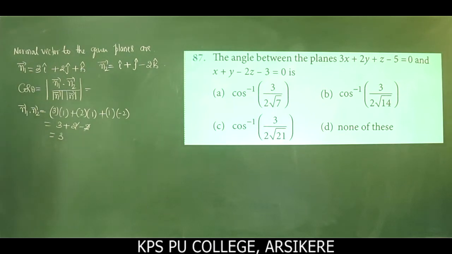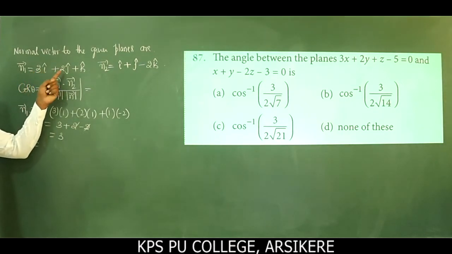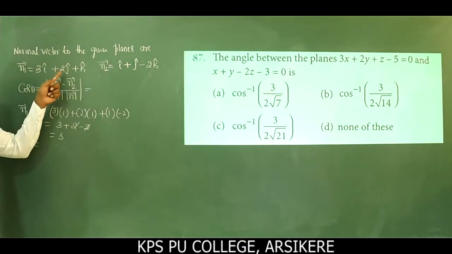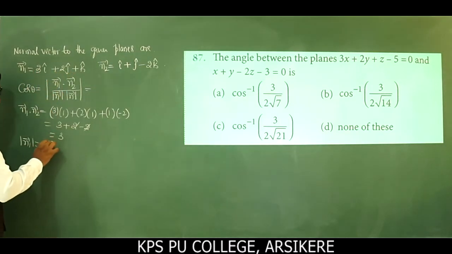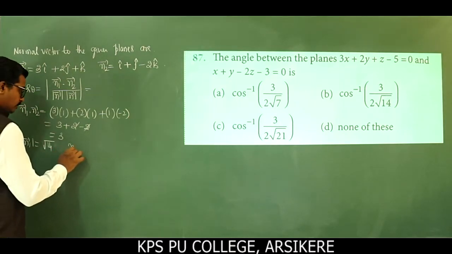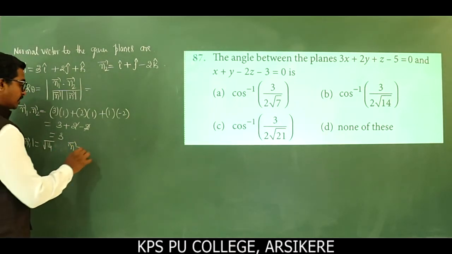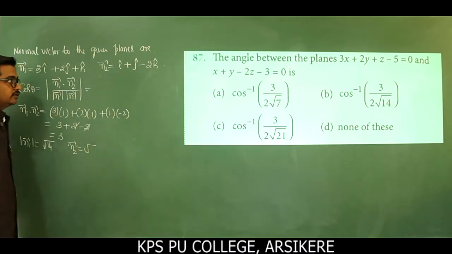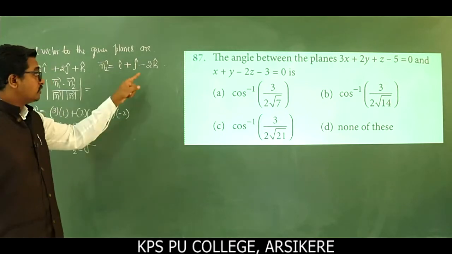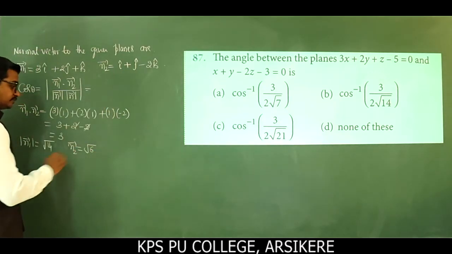Vector n1 dot n2 is 3. Magnitude of n1, with n1 = 3i + 2j + k, is the square root of 3 squared plus 2 squared plus 1 squared, which is square root of 14. 9 plus 4 is 13, plus 1 is 14. And magnitude of n2 is the square root of 1 squared plus 1 squared plus minus 2 squared, which is 1 plus 1 plus 4, that becomes 6.